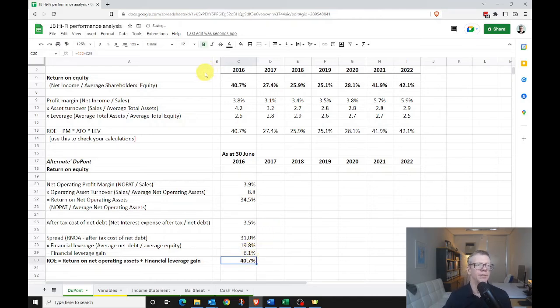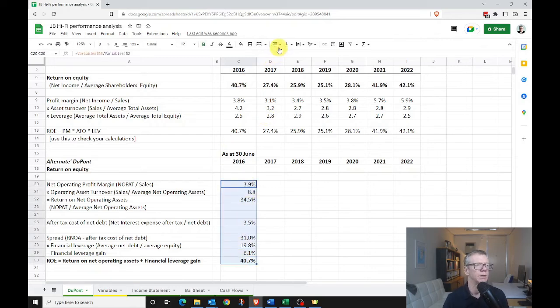Now, that matches the 40.7% that we calculated during the traditional DuPont decomposition. And that's important. Return on equity won't change depending on the way in which we do the decomposition. All that we're doing here is a separate way of working out the component parts.